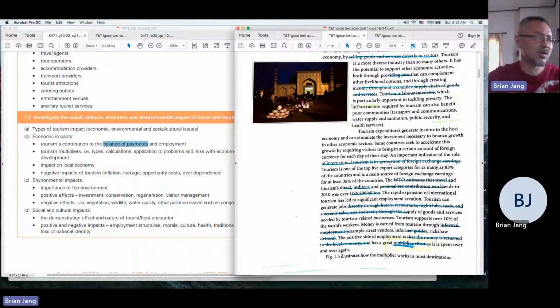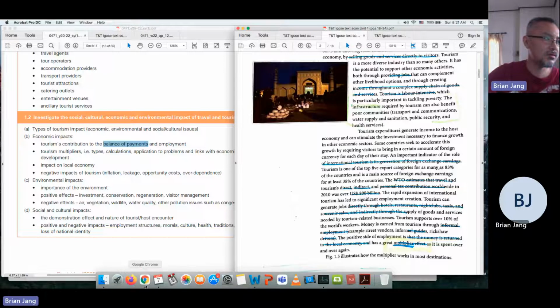Right? Is money actually coming into the country because there's export happening? And then that's not really talking about travel and tourism that much at that point. But all you have to know is that that's the basic idea. They actually try to measure if there's a good balance of money coming in and going out of the country because of tourism stuff. You don't have to know any more than that.